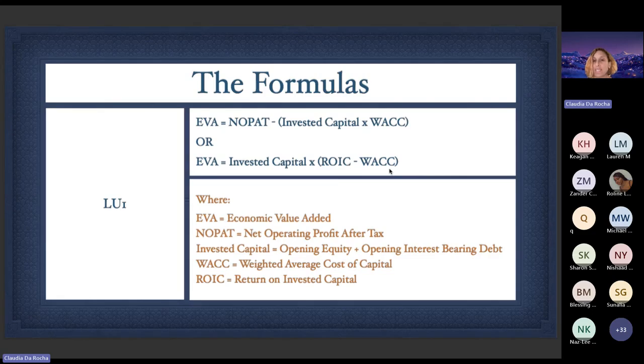So either one is acceptable. It really is dependent on what is given in the question. Generally, the first formula is the one that's most commonly used, but I would still make sure that you know both in case there could be elements in the question that lead you to try and calculate the return on invested capital, which I'll also go through with you today.